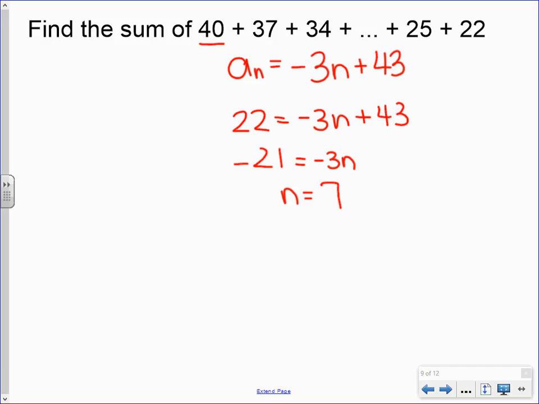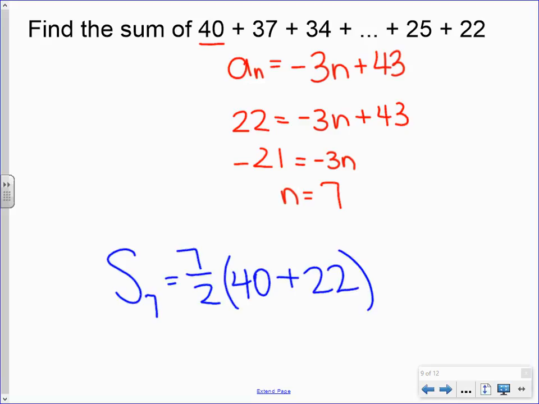So now we can add up the sum of our 7 terms. So we have 7 terms where the first one is 40 and the last one is 22.